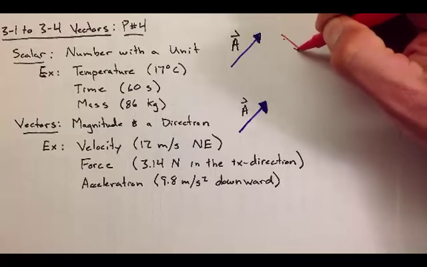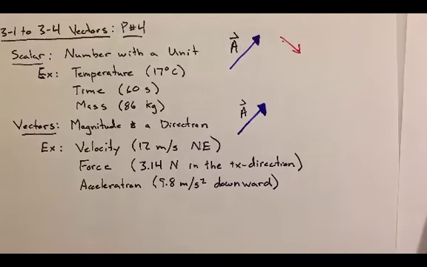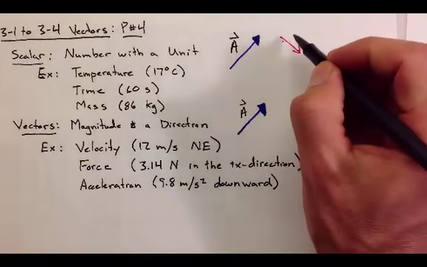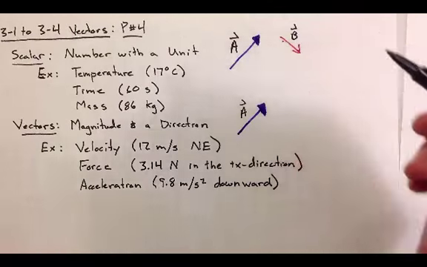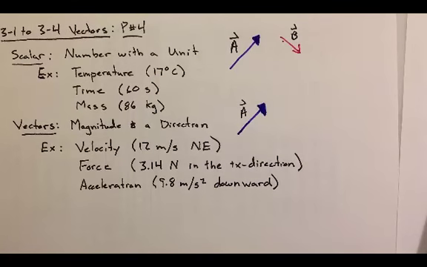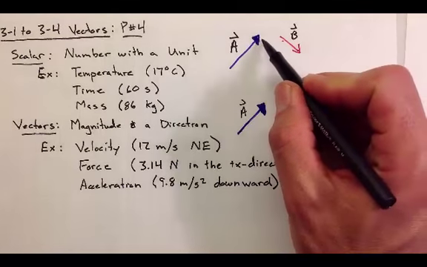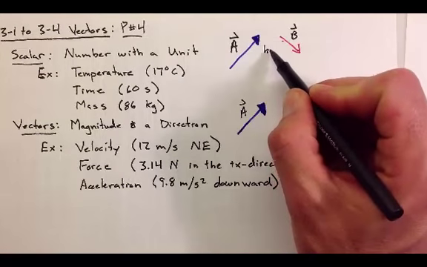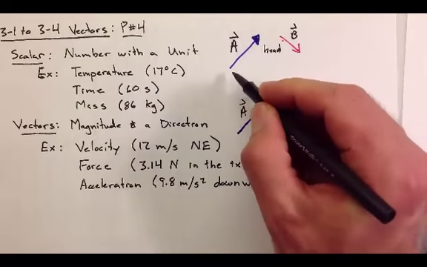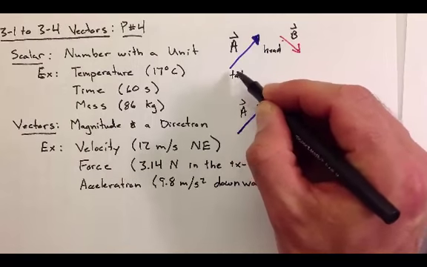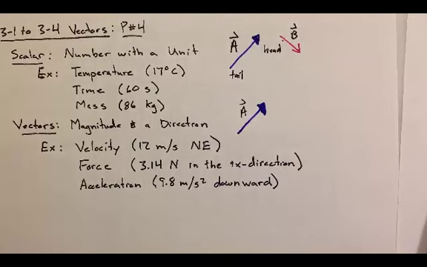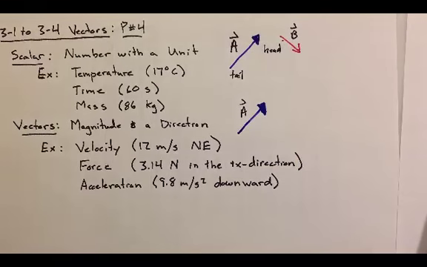This might be vector B. Notice it has a different length and a different direction. So that's how we draw vectors. By the way, the tip of the vector, sometimes we call that the head, and the bottom here we call the tail. So head of the vector and tail of the vector.